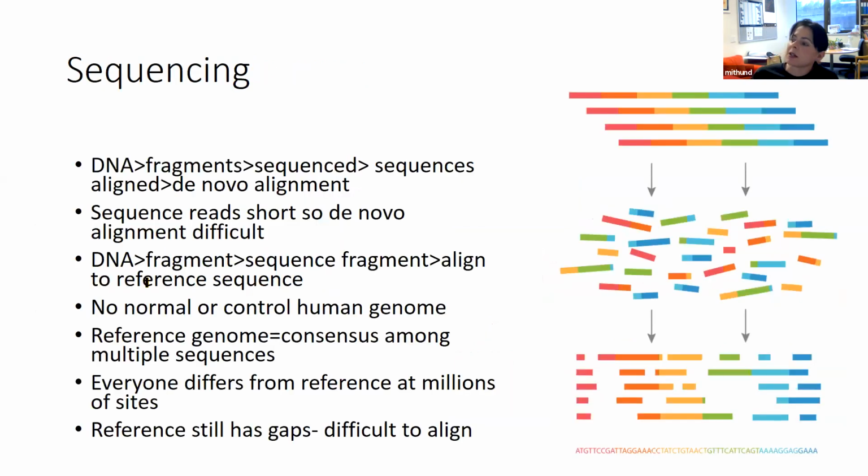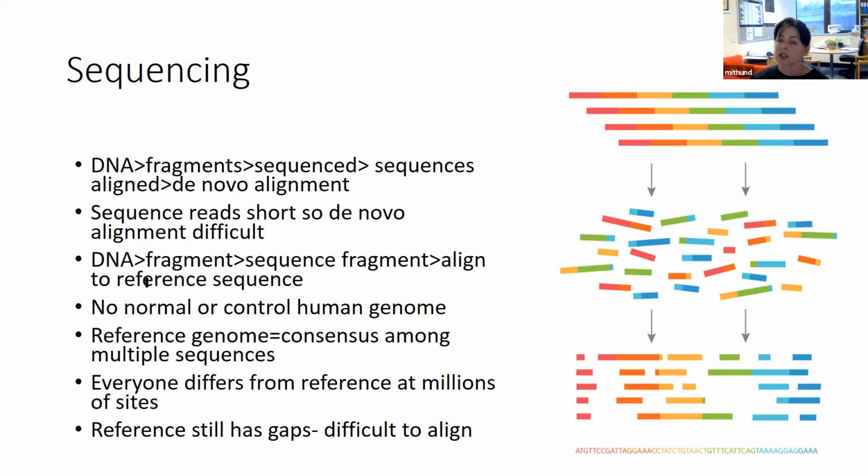With next generation sequencing, you chop up the whole genome into lots of tiny little reads. These sequences are read, and then you have to align them all back to the template of the human genome. Some of the issues with this are that there's obviously no control human genome, so we use an amalgamation as the reference, but everybody is different, so there's always an element of variation from what we map sequence back to.